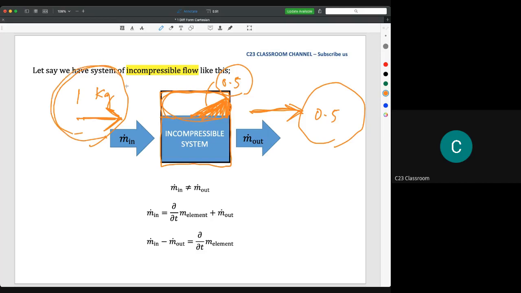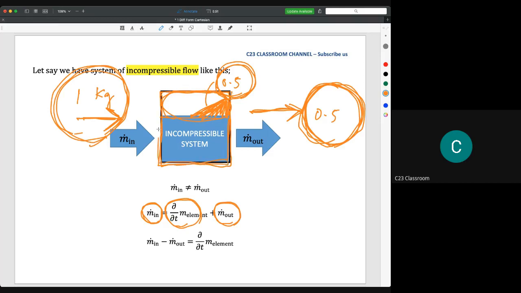So mean 1 kilogram here is actually equal to 0.5 that remain in the system, and 0.5 plus 0.5 that flow out from the system. So we could write as mass flow rate m dot in is equal to mass flow rate out, plus with dm dt. So dm dt here means the changes of mass in this system over time.